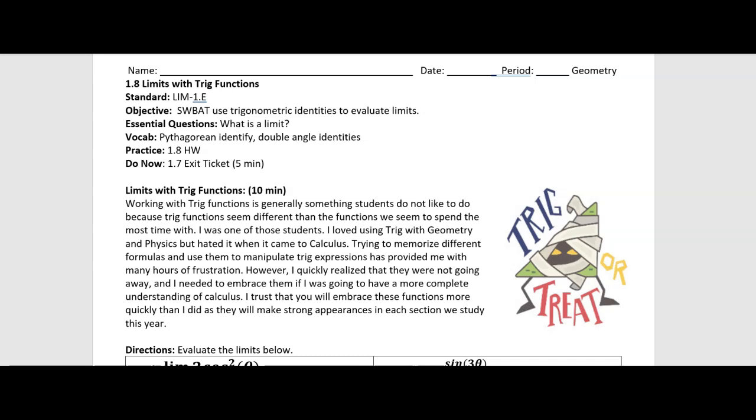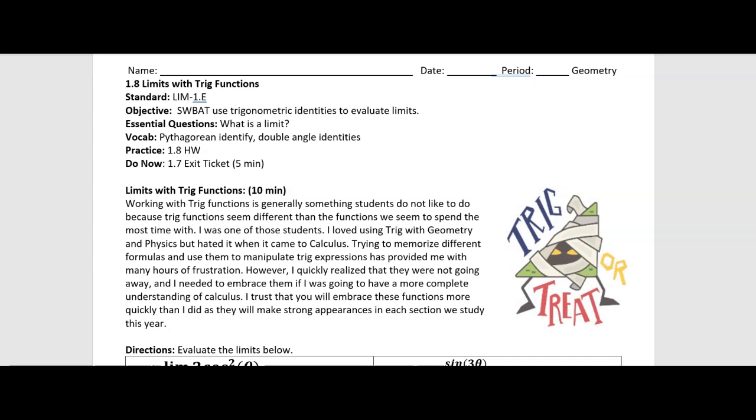And you don't want to limit yourself in what problems you can and can't solve because you didn't put forth the time and effort to really become proficient with working with these functions and identities and formulas.